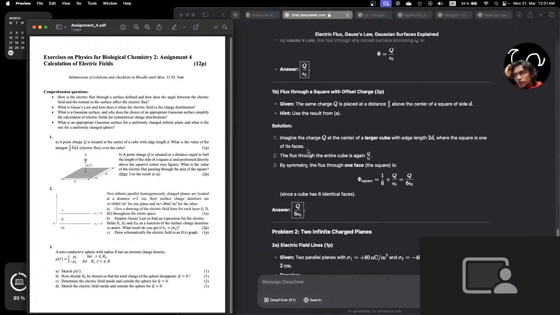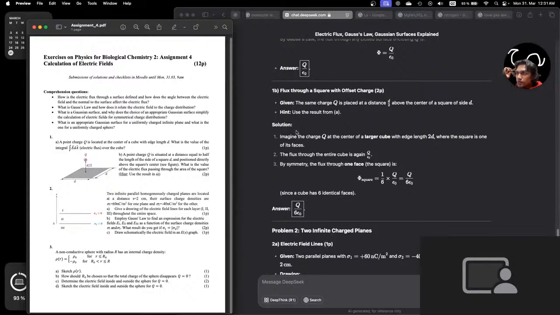The flux through the entire cube is again q by e0. By symmetry, the flux through one face is, since the cube has six identical faces. I don't get the second part.